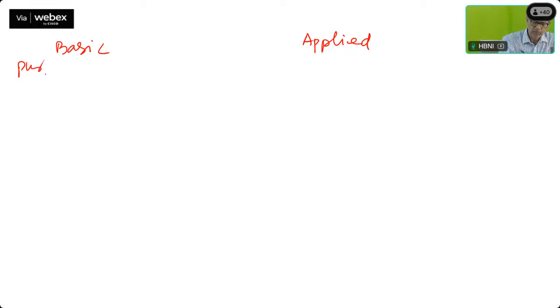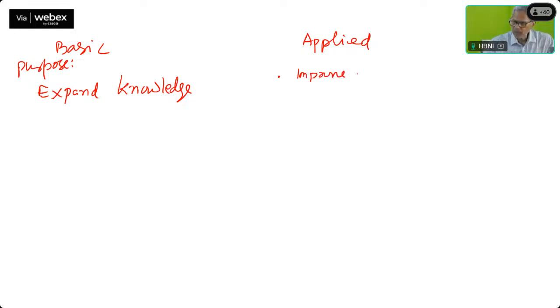What is the purpose? The purpose of basic is to expand knowledge, whereas applied is to improve understanding of the problem faced.